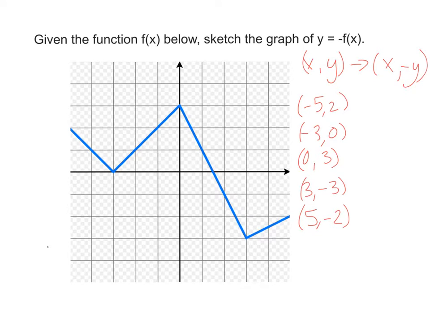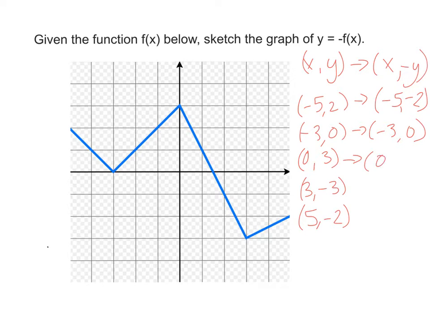So now I'm going to use the mapping rule to write the new points. So negative 5, 2 maps to negative 5, negative 2, right. So the x value stays the same, the y value switches signs. So this one is going to be negative 3, 0. That's an invariant point. It didn't change at all.